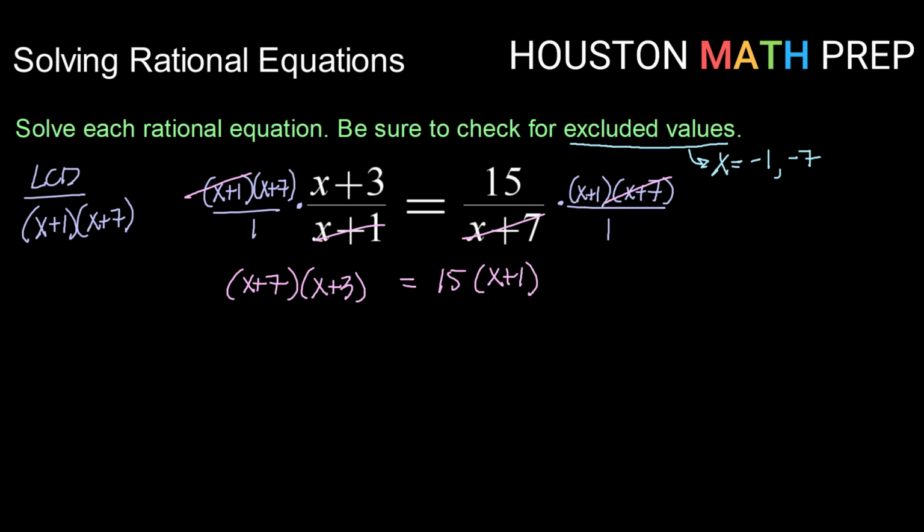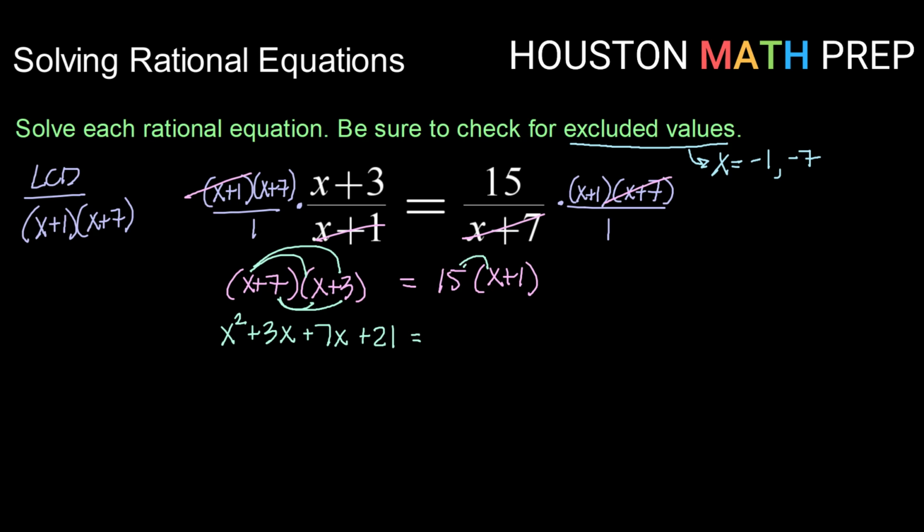So on the left-hand side, I need to multiply my two binomials. So first I'll distribute my x. So x squared plus 3x. Then I'll distribute my 7. So plus 7x plus 21.